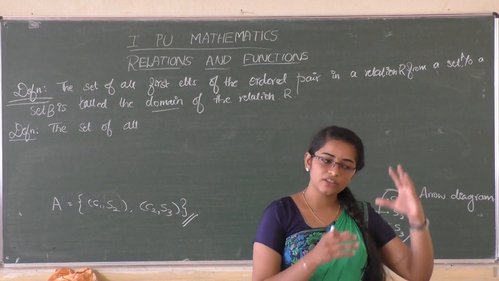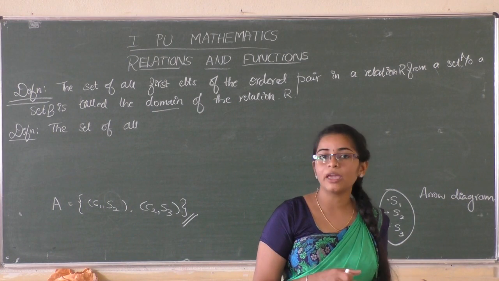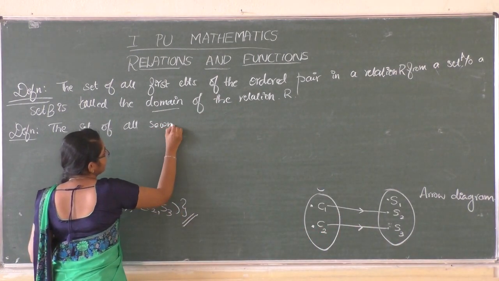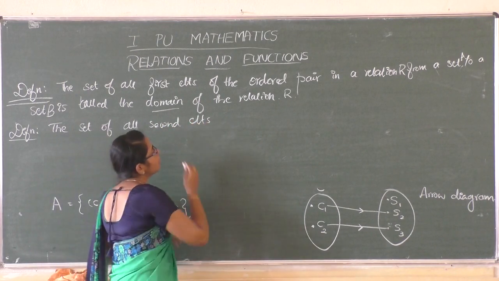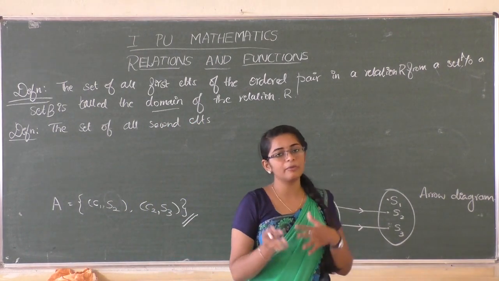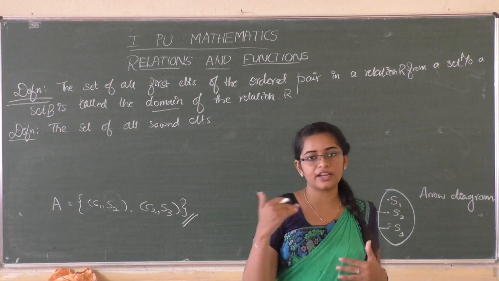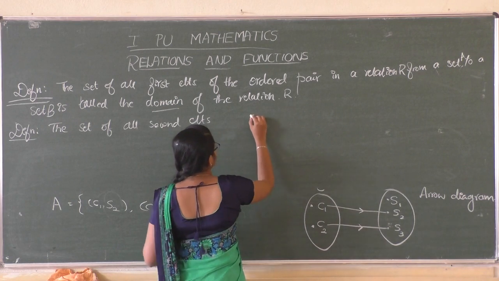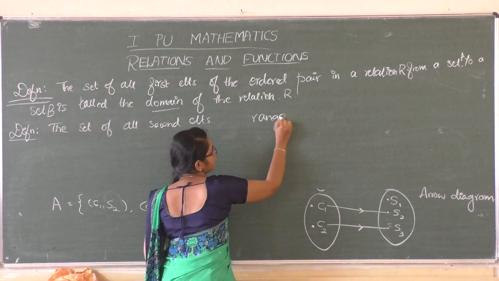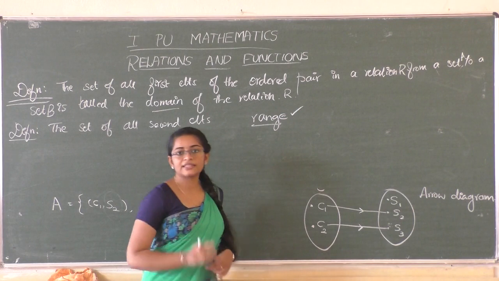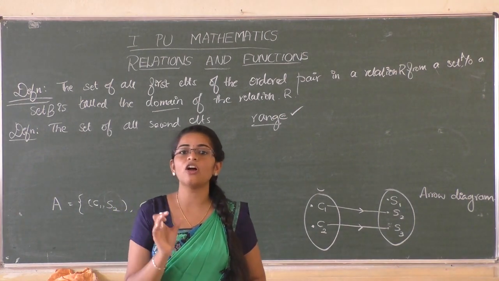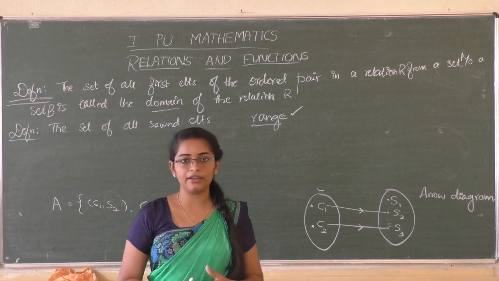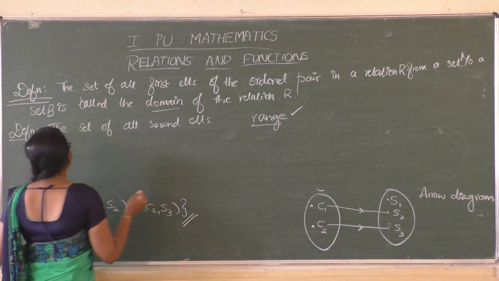In the ordered pair, the set of all first elements is called the domain, and the set of all second elements of the ordered pairs in a relation from a set A to the set B is called the range. Okay, it's called range. The second elements set we call the range, and the first elements set we call the domain.